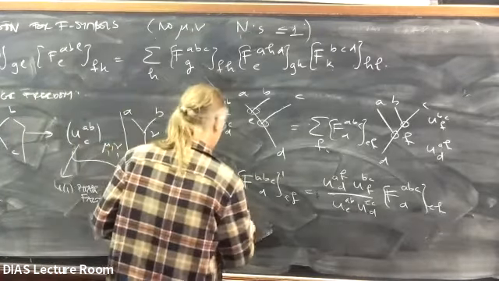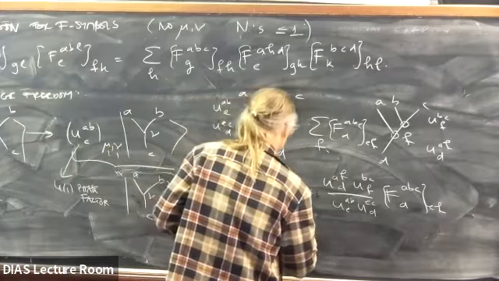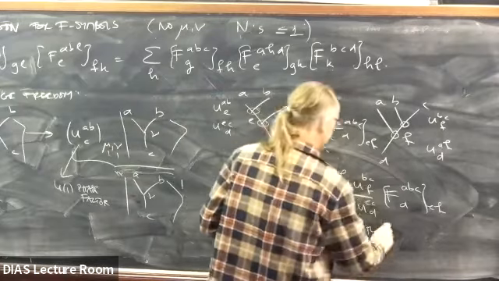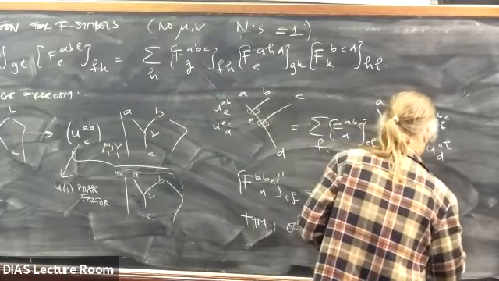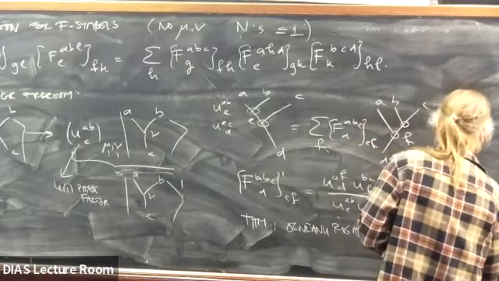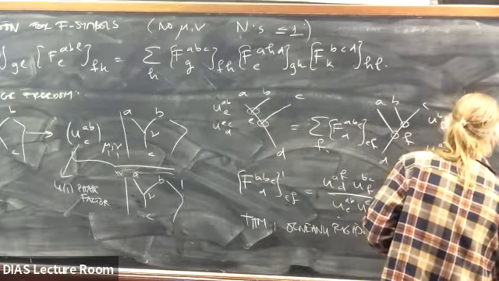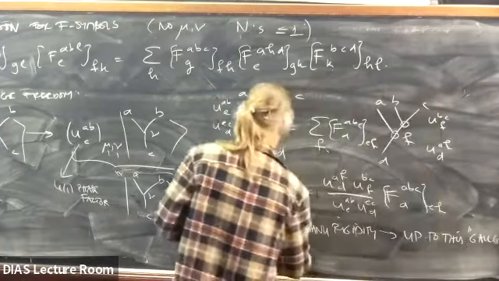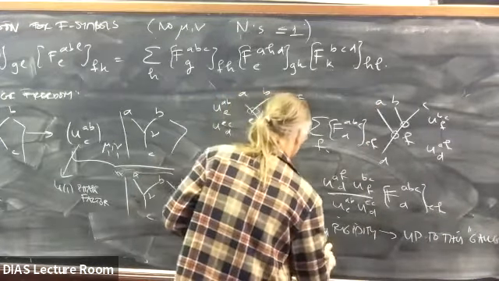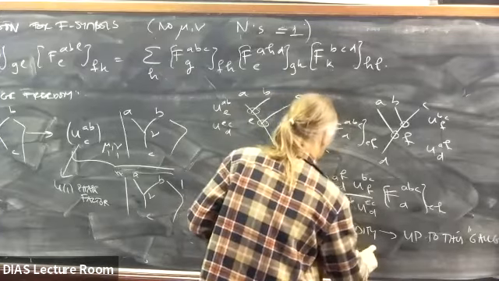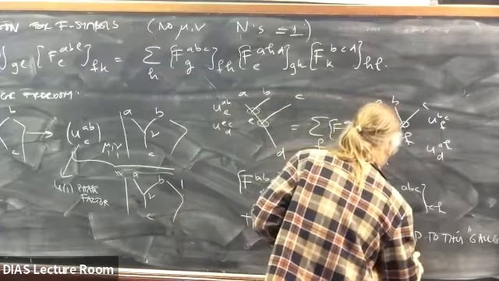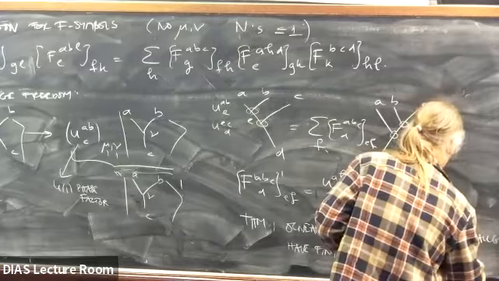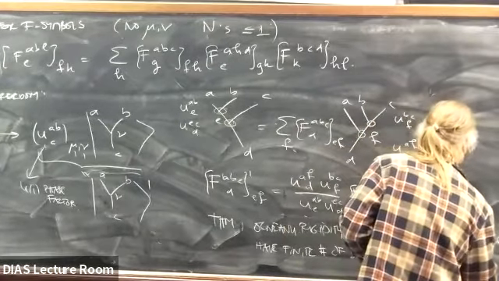In fact, there's a theorem of Ocneanu rigidity. And this says, up to this gauge freedom, we have a finite number of solutions to the Pentagon equation for each given the fusion rules.